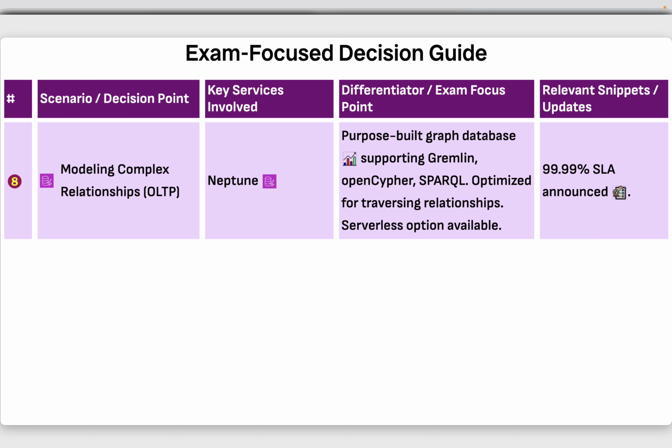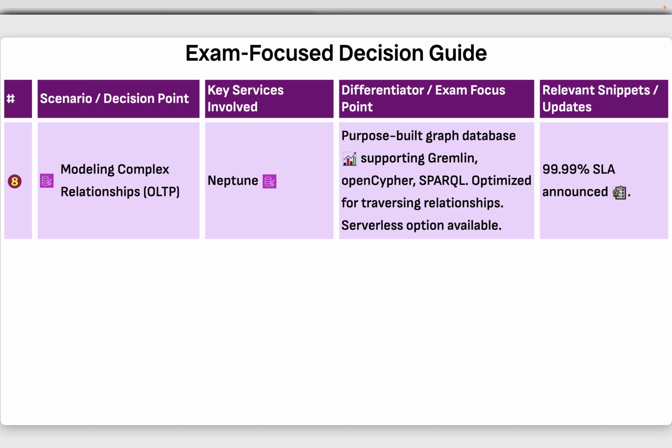Next one, if you have to model complex relationships, the key service to be used is Neptune. This is a graph data model, so it will very elegantly model complex relationships. Some key differentiators and exam focus points: it is a purpose-built graph database, and it supports Gremlin API, OpenCypher, and SPARQL.